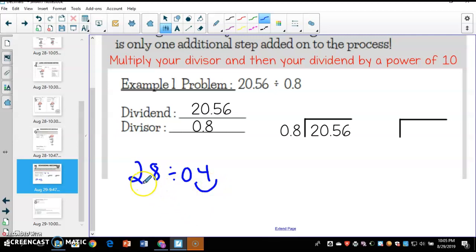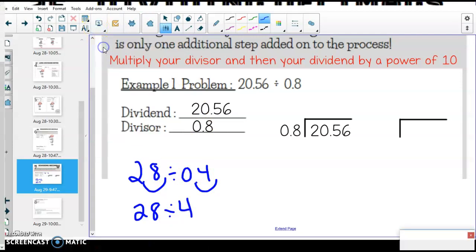So if we multiply our dividend by that same power of 10, now we have 28 divided by 4. And I'm sure now you can see that that would be 7. Well, if we go back to our original problem and think about 4/10 times 7, I'm going to get 2.8. So it matches our original problem when we do it like that.